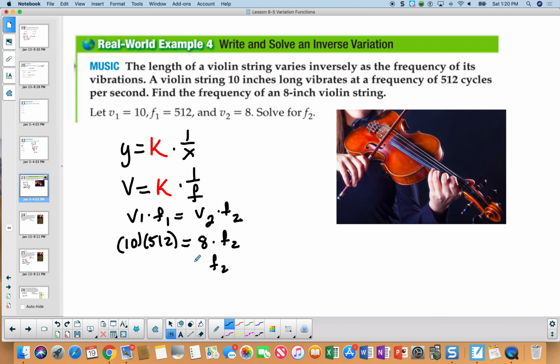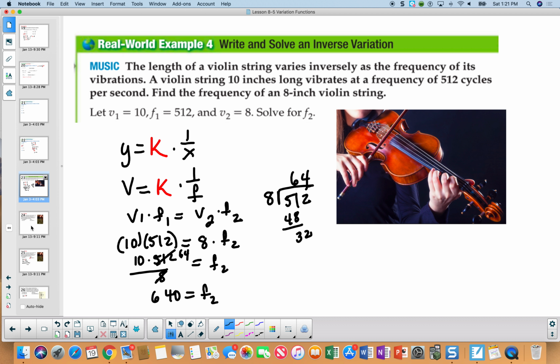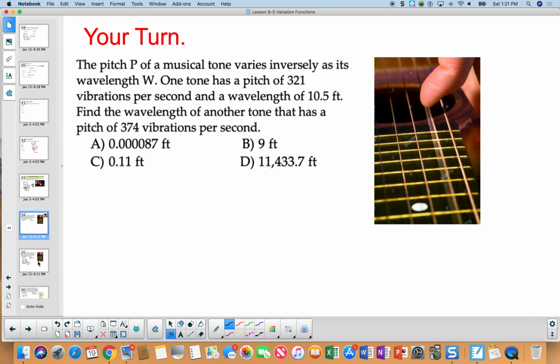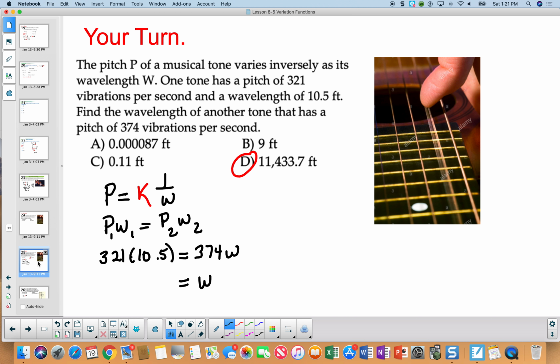So f2 is equal to 10 times 512 over 8, and does 8 go into 512? Let's see. It goes in 64 times, and so the answer is 640 equals f2. Your turn. And here's the answer.